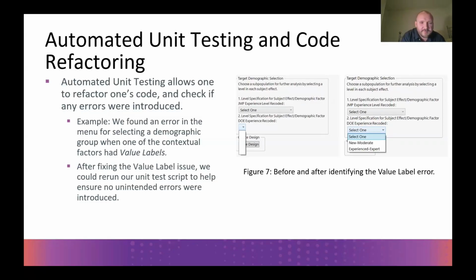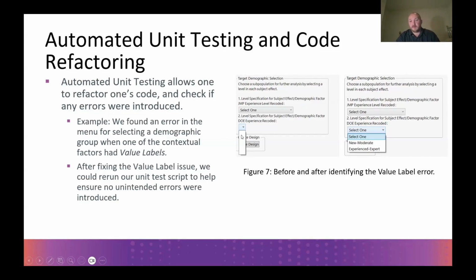So a certain example we found was that one of the test users of this add-in found that when one of the contextual factors had a value label, then the list for that contextual factor wouldn't display correctly.